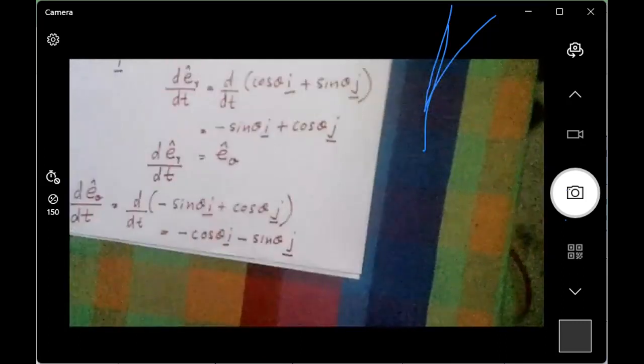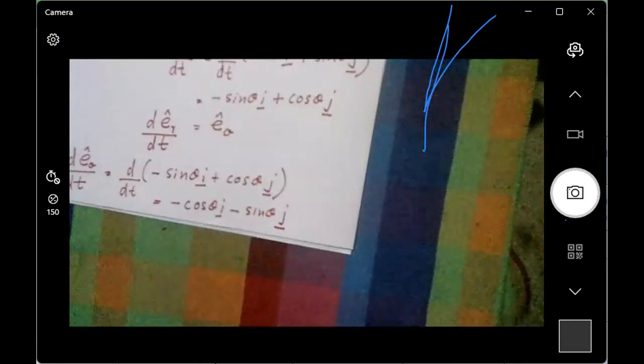Why do we not differentiate that angle theta? Sine theta differentiation is the theta. Okay, sir.